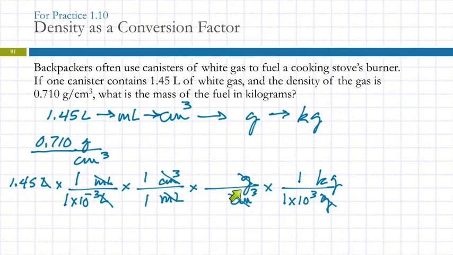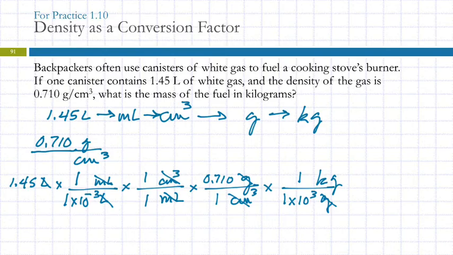And then this guy in the middle, that's where we're going to use the density. The number goes with gram, so I'm going to put the number here with gram, and the cubic centimeters in the bottom. If it bothers you that there isn't a number down there, it would be 1.